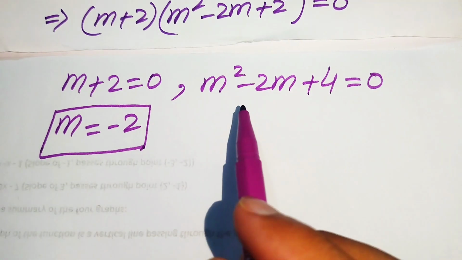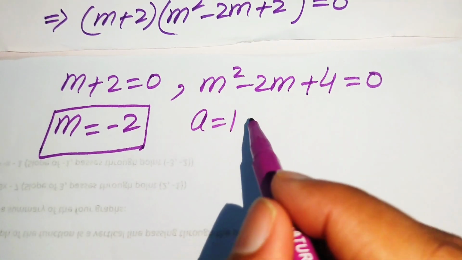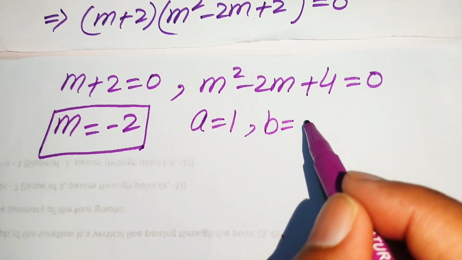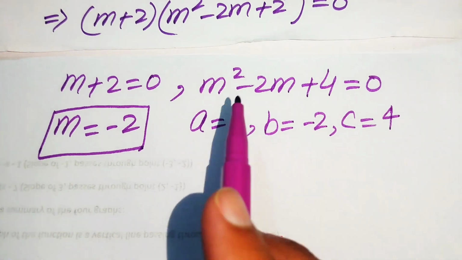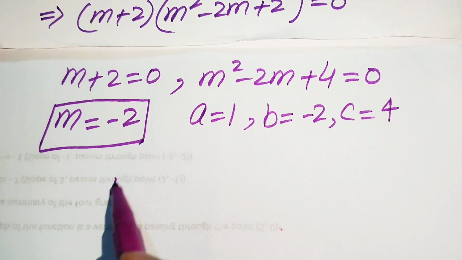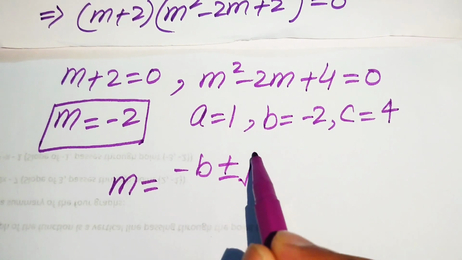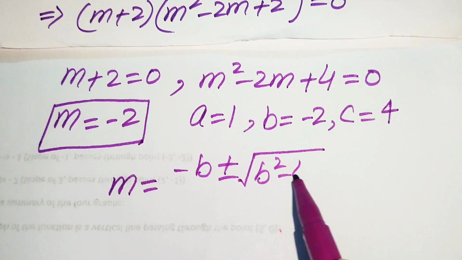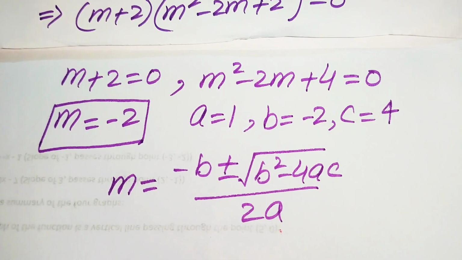And now we solve this equation by using the quadratic formula. So we write its coefficients: a equals to 1, b equals to minus 2, and c equals to 4. So these are the coefficients of this equation, and we use the quadratic formula. It is stated as minus b plus minus square root of b square minus 4ac divided by 2a.